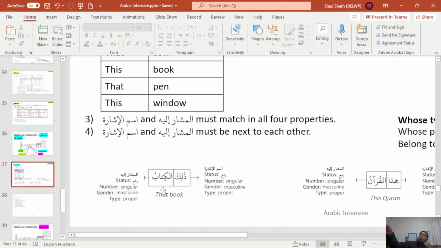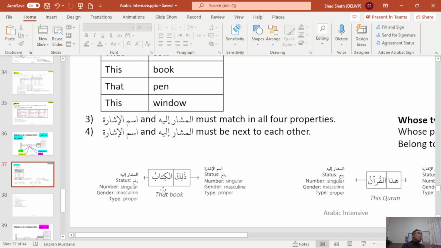If you remove alif lam from book and you just say dhalika kitabun, it's actually a sentence. That is a book. The one that we are learning here is we are trying to make it a fragment. We're not trying to say that is a book. We are trying to say that book, which is not a complete sentence. Isn't it? That book, what? What about that book? You're still not saying anything about that book. That book is new. New is now the khabar of that book.